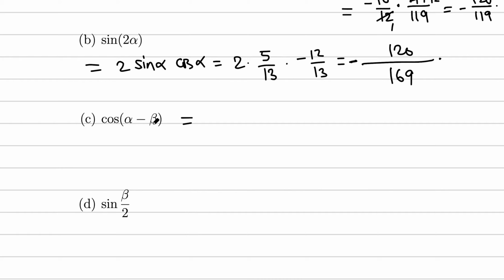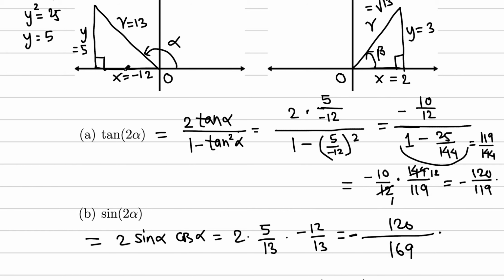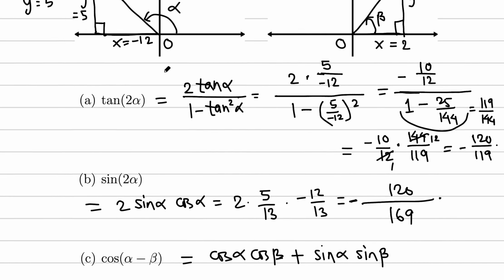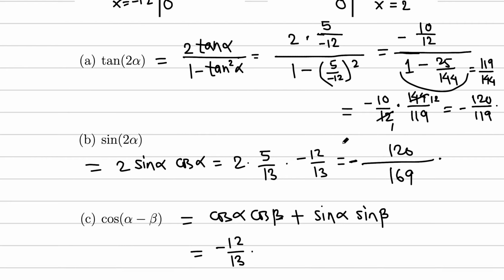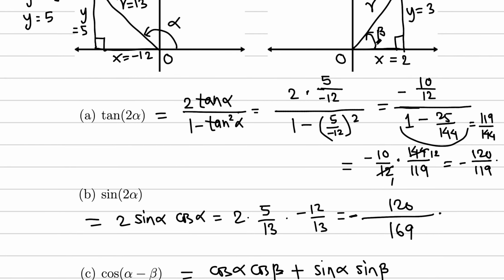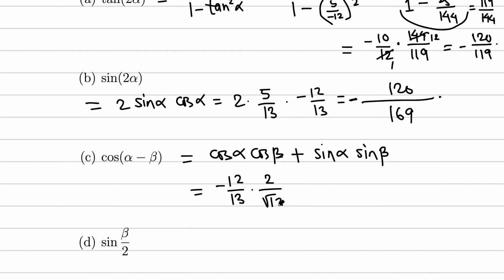Difference of two angles. Look at the formula list. You might have a minus b, same thing. The formula gives us cosine alpha times cosine beta plus sine alpha times sine beta. First angle, second angle. So now cosine alpha is negative 12 over 13. Cosine beta is x over r, so 2 over root 13. Sine alpha, look at the triangle, 5 over 13.